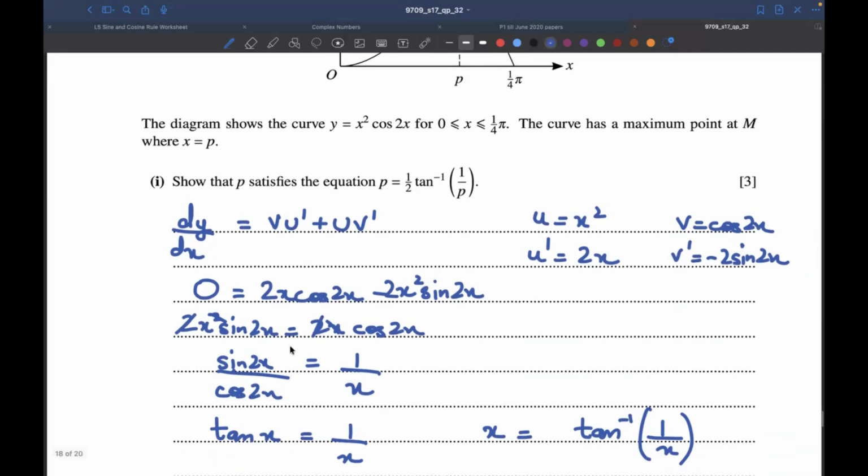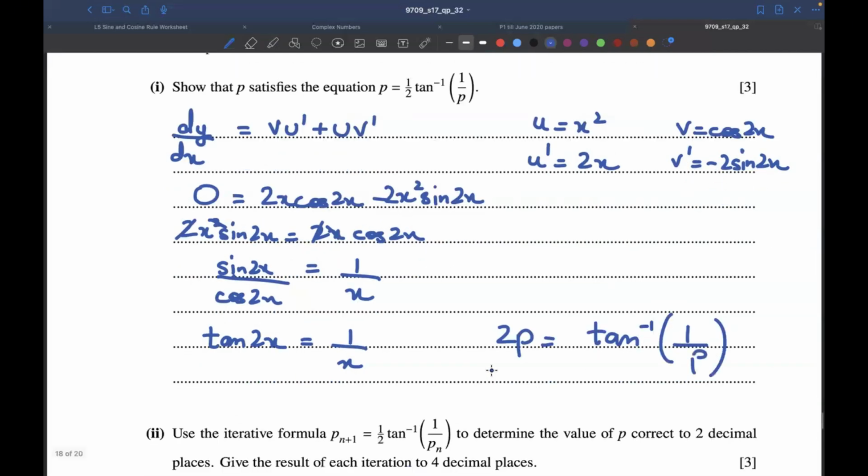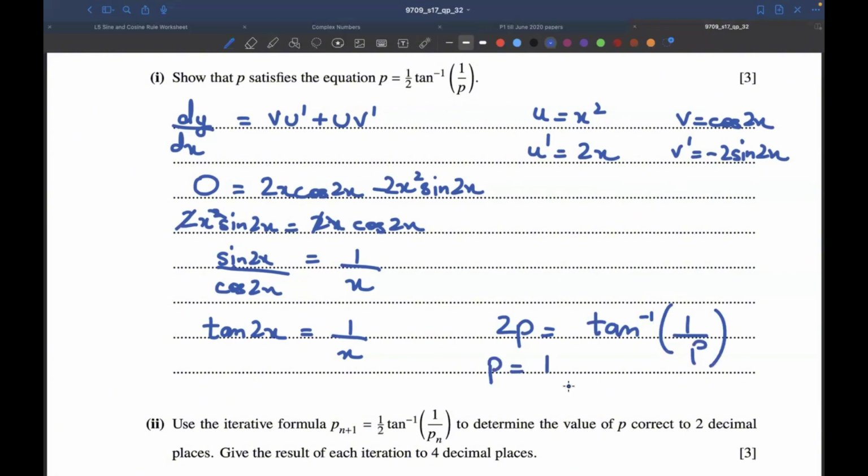Okay, yeah, this is tan 2x over here. So this is sine 2x upon cos 2x, which is tan 2x. In place of x, now we can write p as well. So we can now write it as 2p equals tan inverse of 1 upon p. And then finally, p equals 1 upon 2 tan inverse of 1 upon p.